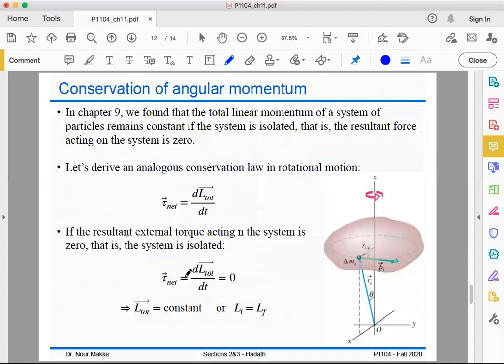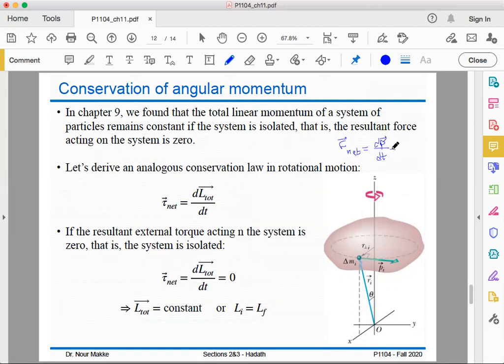Before we come to the end, we have just one more thing to discuss. Like we saw in chapter 9, when we talked about linear momentum, we saw that linear momentum is very useful because it leads to a new conservation law. We saw that Newton's second law can be written in a more general way, F net equals the derivative of the linear momentum with respect to time.